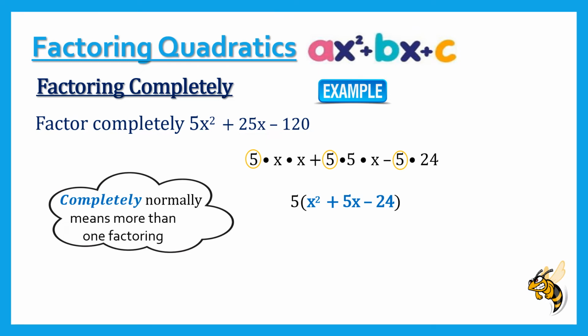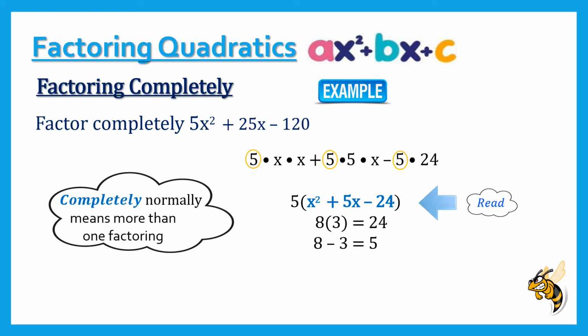We're going to factor what's on the inside of the parentheses, and we're going to read backwards. So what do we want to know? Two numbers that multiply to give me 24, but if I subtract them, I get 5. And those two numbers are 8 and 3. 8 times 3 is 24, and 8 minus 3 is 5.